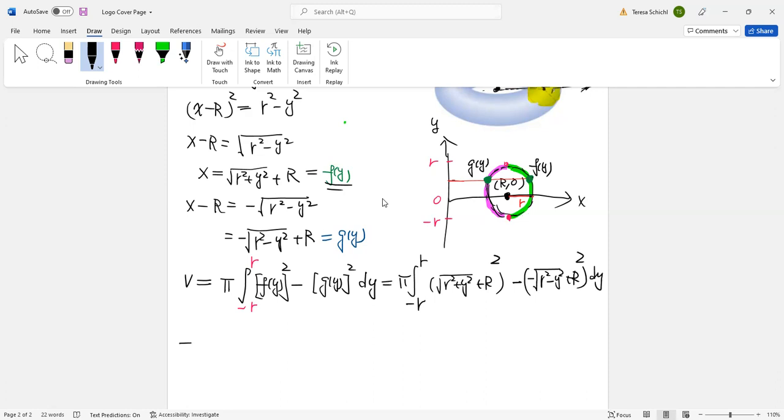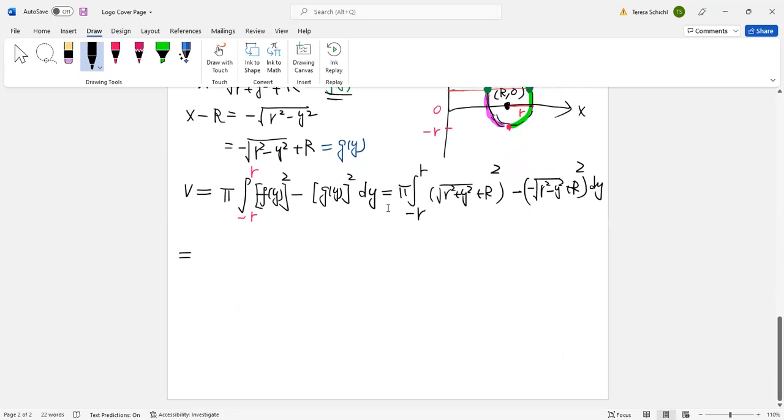We notice that lowercase r and uppercase R are all constants, so we know this is an even function. If it's an even function, I can simplify it.